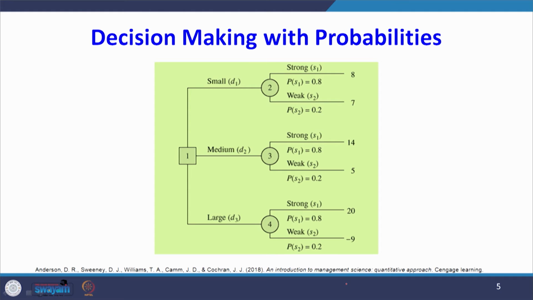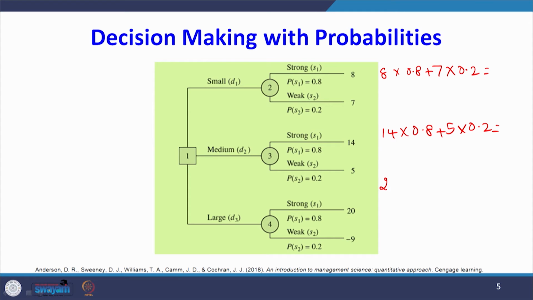So, how are we doing this? This is 8 multiplied by 0.8 plus 7 multiplied by 0.2. Here, 14 multiplied by 0.8 plus 5 multiplied by 0.2.